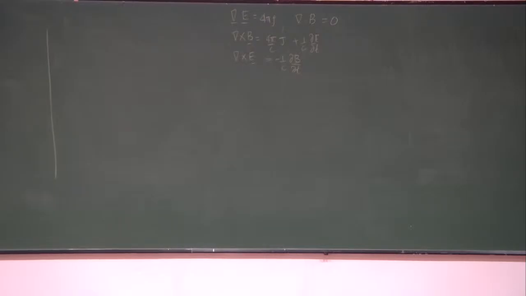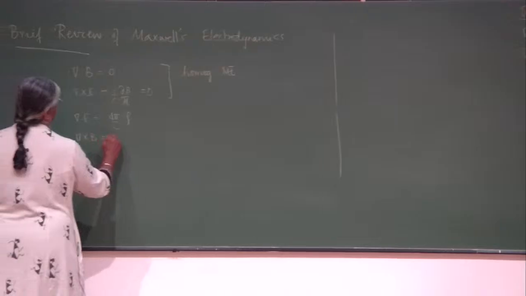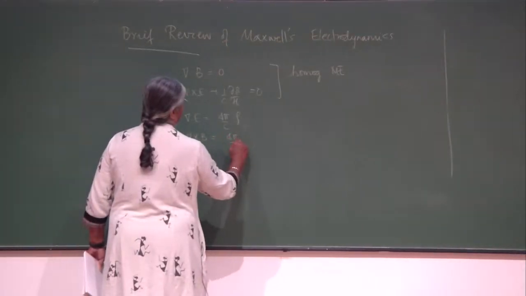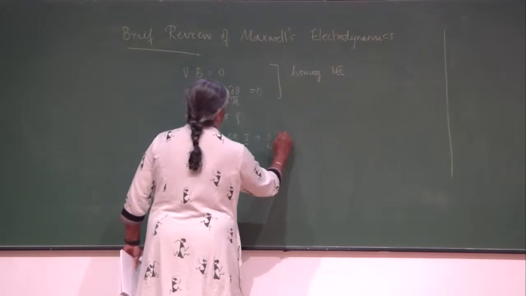These are the two homogeneous Maxwell's equations, and del dot E is equal to 4 pi rho, either it is 4 pi rho or rho by epsilon naught, I don't care, and del cross B is equal to 4 pi by C j plus 1 by C dE by dt.